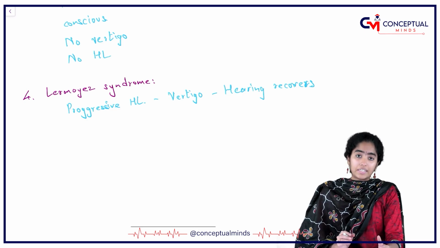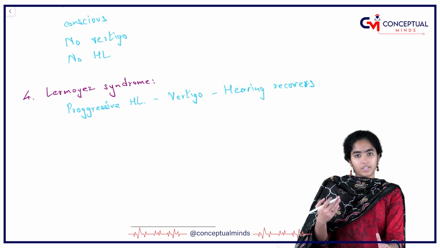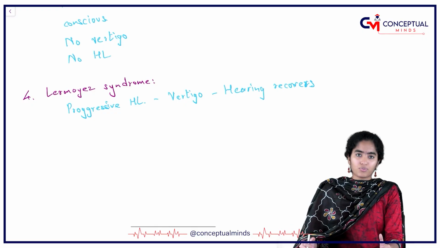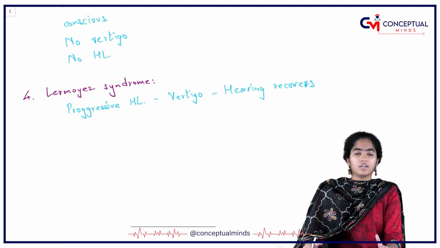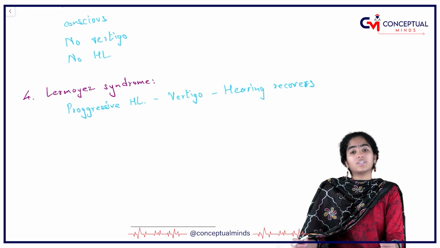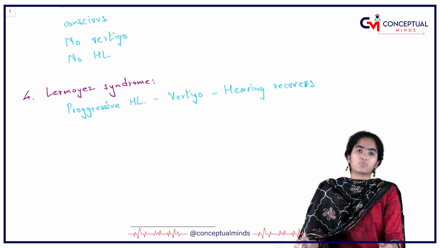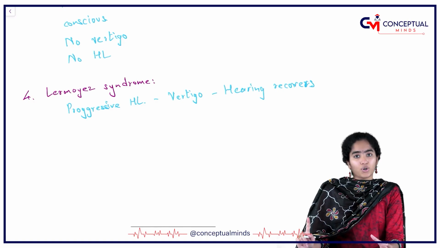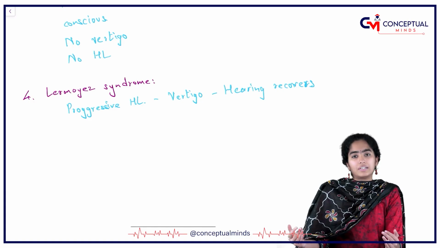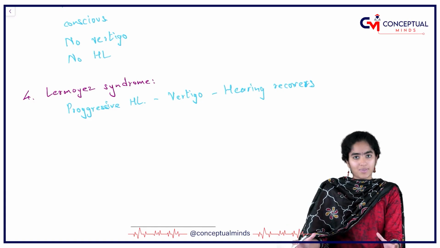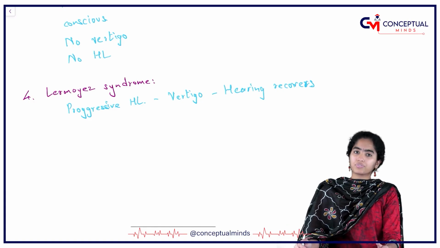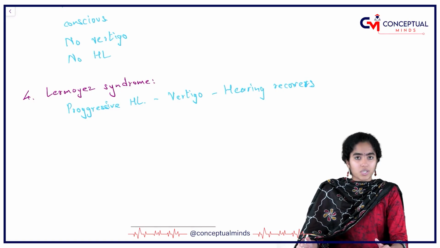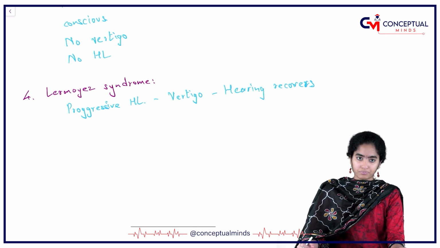During vertigo, there is hearing loss, and then vertigo will subside and hearing will improve. But in Meniere's syndrome, first there is hearing loss and then vertigo will occur. With the occurrence of vertigo, hearing improves. So, vertigo improves hearing, whereas in normal Meniere's, vertigo will deteriorate hearing. During the episode of vertigo, there is deterioration of hearing. That is the main difference between Meniere's and Meniere's syndrome.